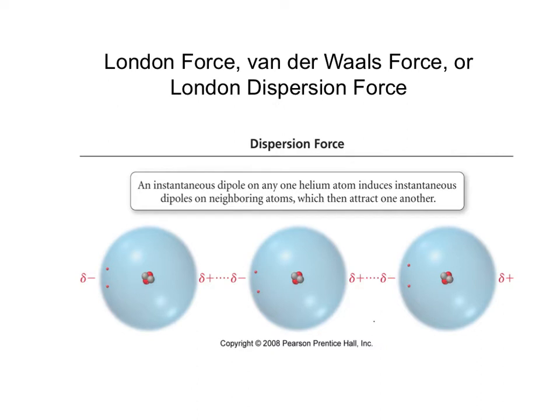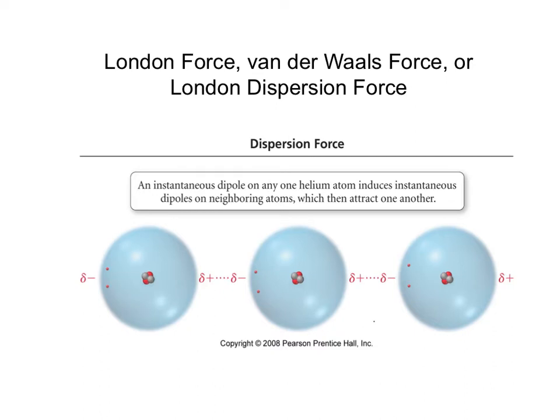The idea with the London force is that at any moment in time, the electrons might tend to aggregate on one side. In other words, it's kind of a vibration where the electron cloud moves back and forth relative to the position of the nucleus. So there's some motion here.